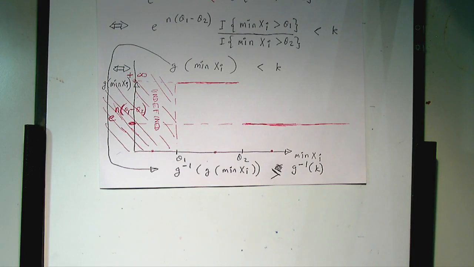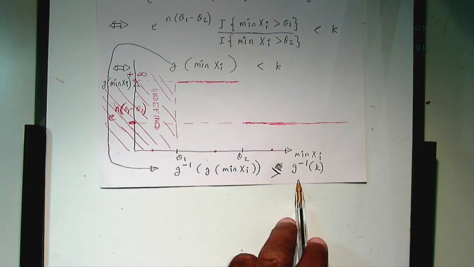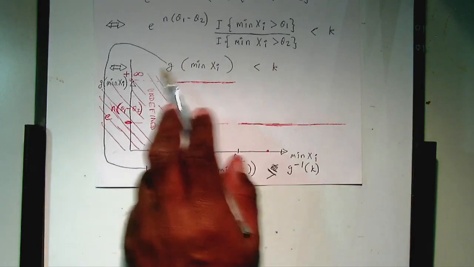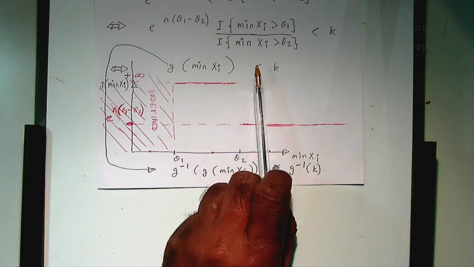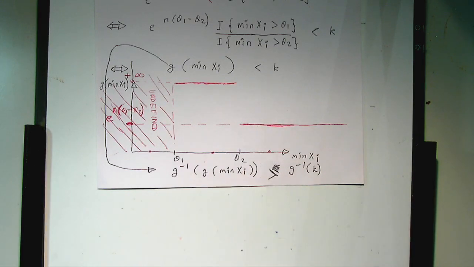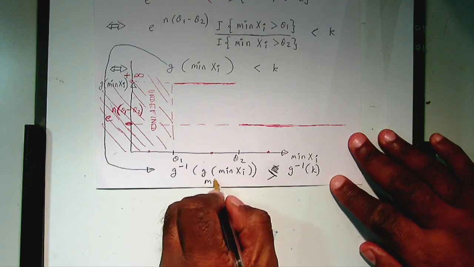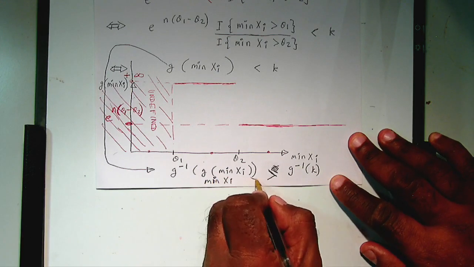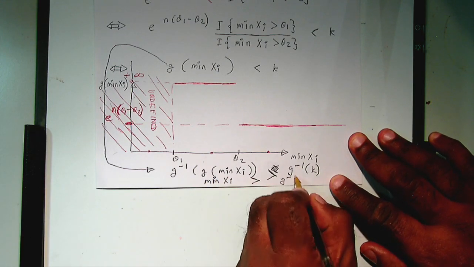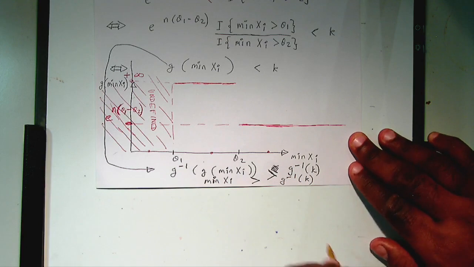If g is an increasing function, then you don't need to. But here you are taking the inverse of a monotonic decreasing function. So the less than sign here must become greater than. In other words, the min of xi must be strictly greater than a number like this, which I call C.